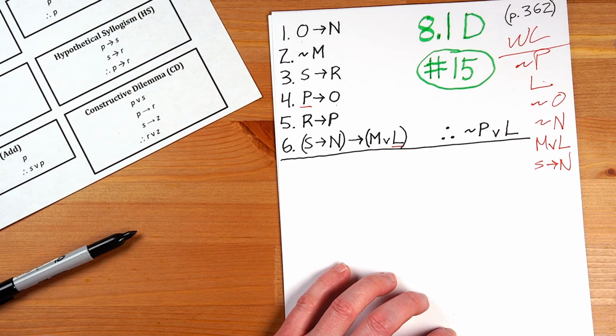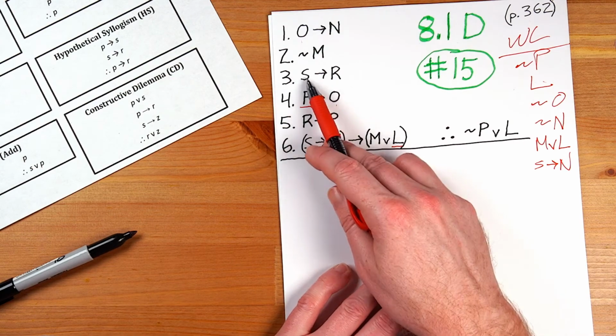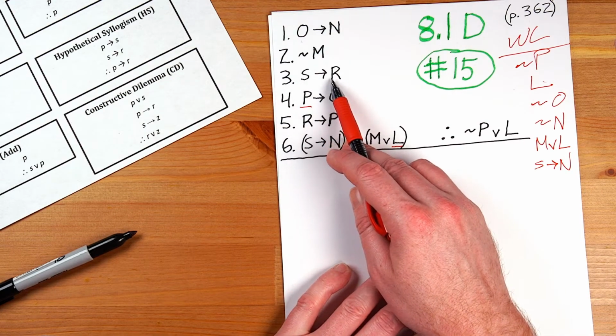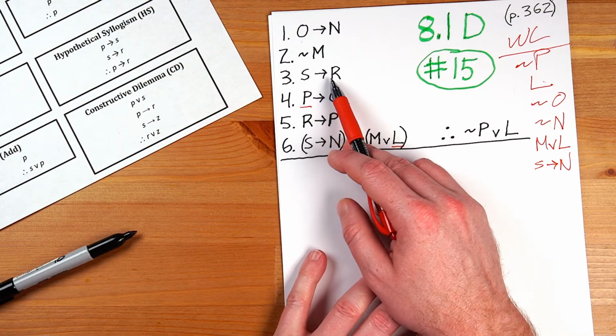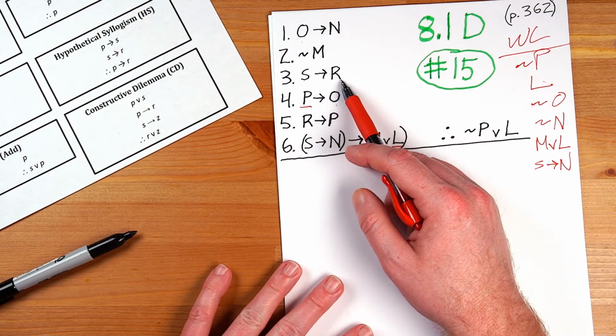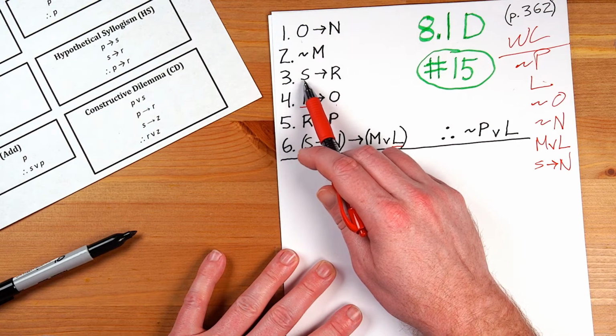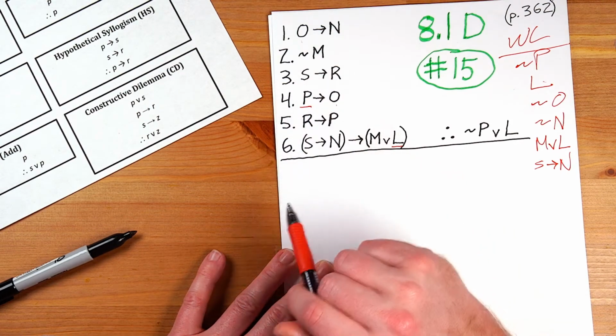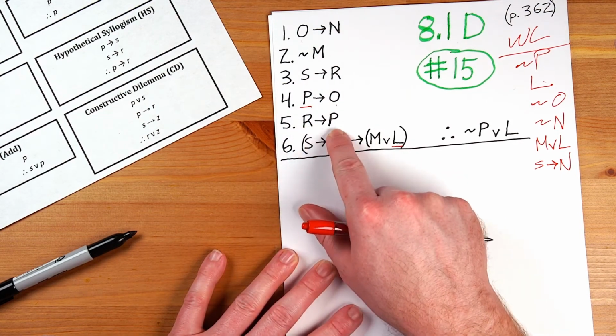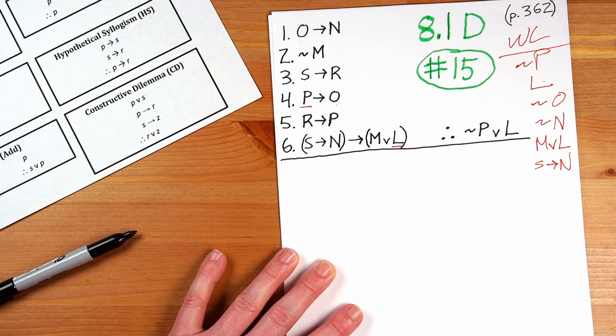Let's see. We have S arrow R, and then we can follow this trail. So we need S arrow N, so we go S arrow R, but then we have R arrow P. Do we have P anything?